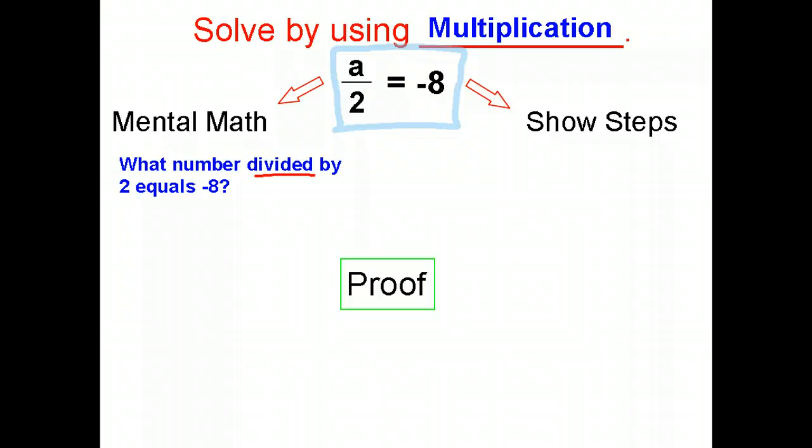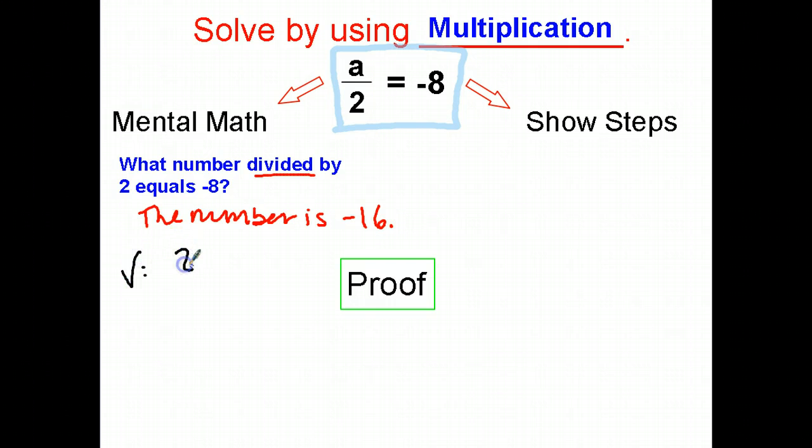So back to our mental math question. What number divided by 2 equals negative 8? I'd be willing to guess that most of us know the number is 16, and because our result is negative, it would have to be negative 16. And as always, we need to check our answer.